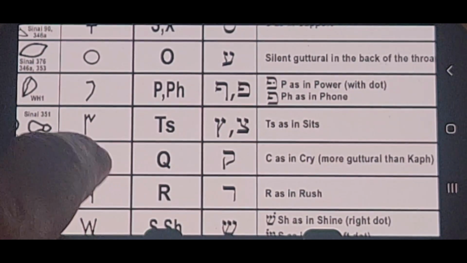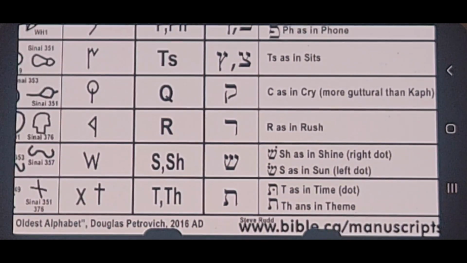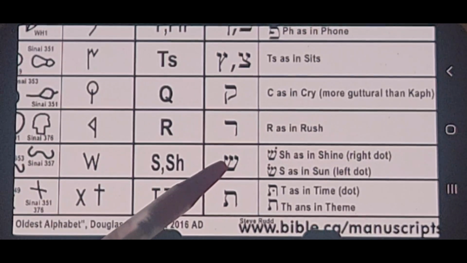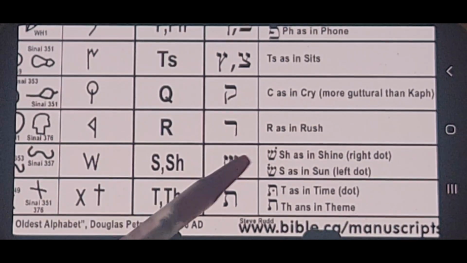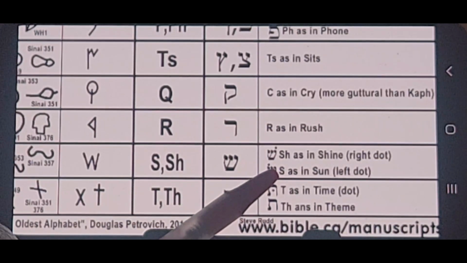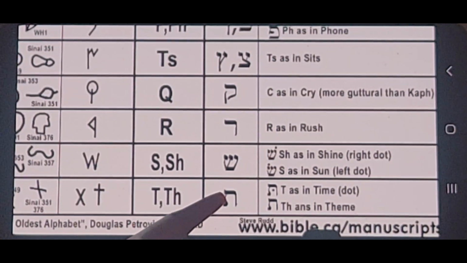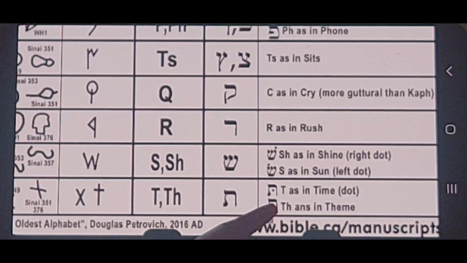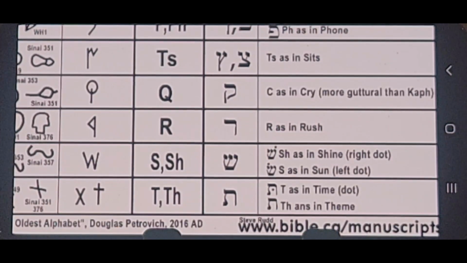And the last two letters that have multiple sounds are the Sheen, which can have the SH as in shine, or it can be an S as in sun. And Tav can have the sound of T as in time, or TH as in theme.